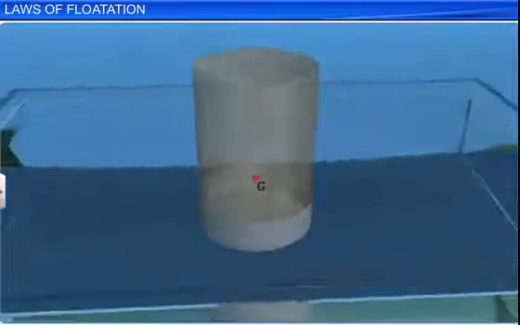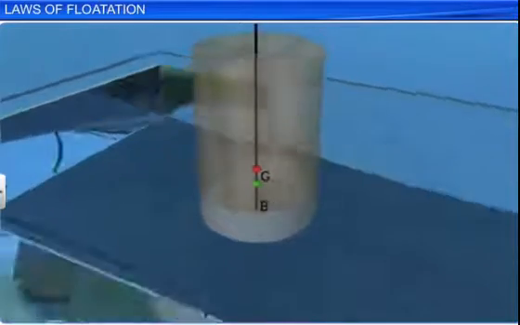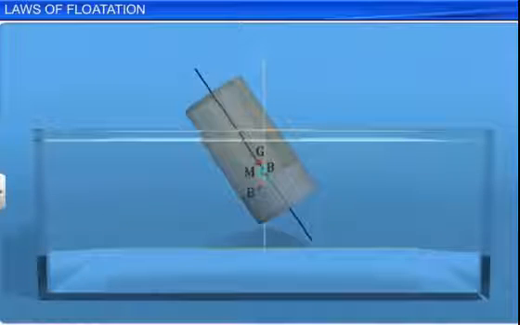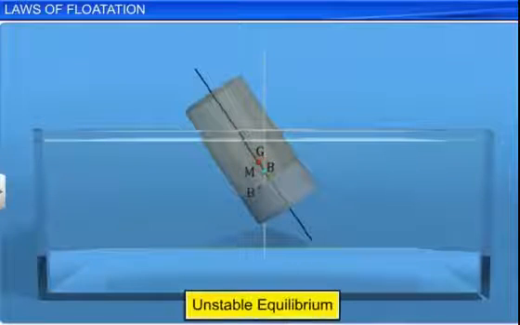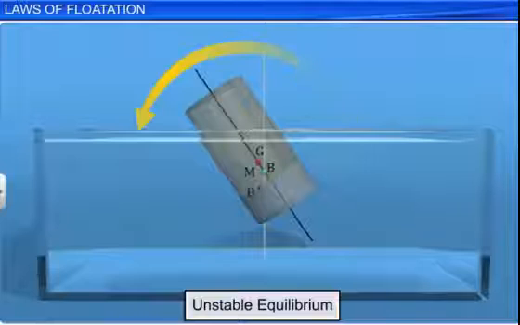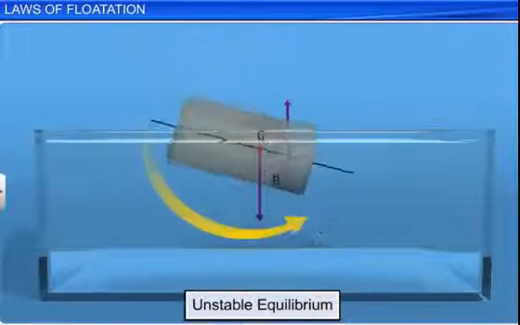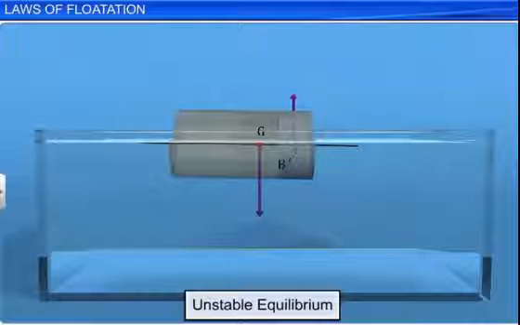Now consider a body which is heavily loaded at the top. When tilted slightly, the meta-center may lie below the center of gravity, and the floating body is in unstable equilibrium. In such a situation, if the body is displaced in the anti-clockwise direction, the moment of couples set up by the two forces, weight and upthrust, also tries to rotate the body in the anti-clockwise direction.